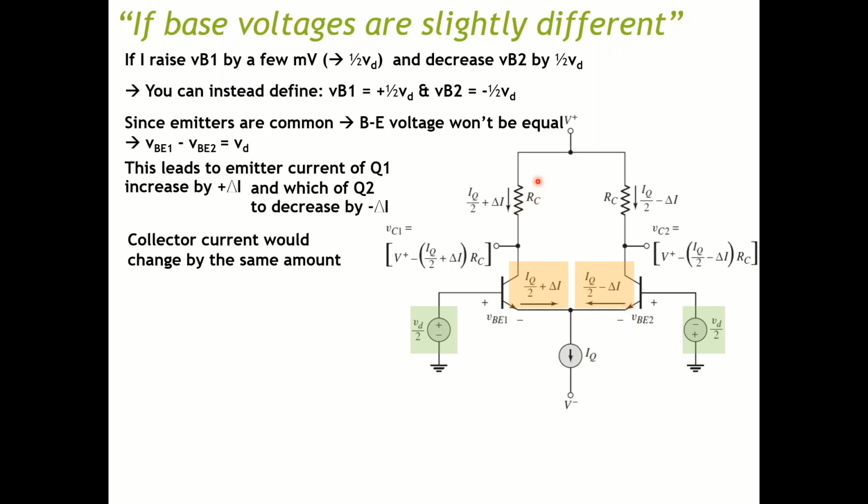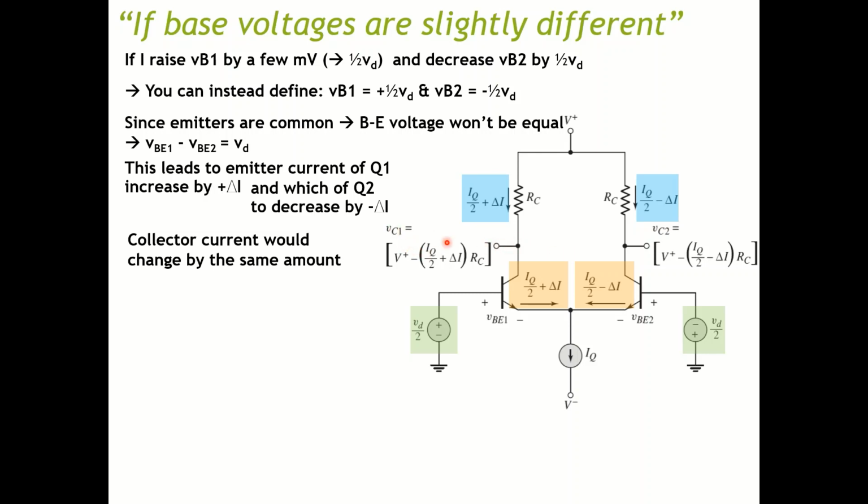Therefore, we can have the collector current change also by the same amount, because we will assume that collector current is equal to emitter current if beta is very large, and hence base current is negligible. So now we have these two. You will be able to calculate the voltage at the collector terminal, so VC.